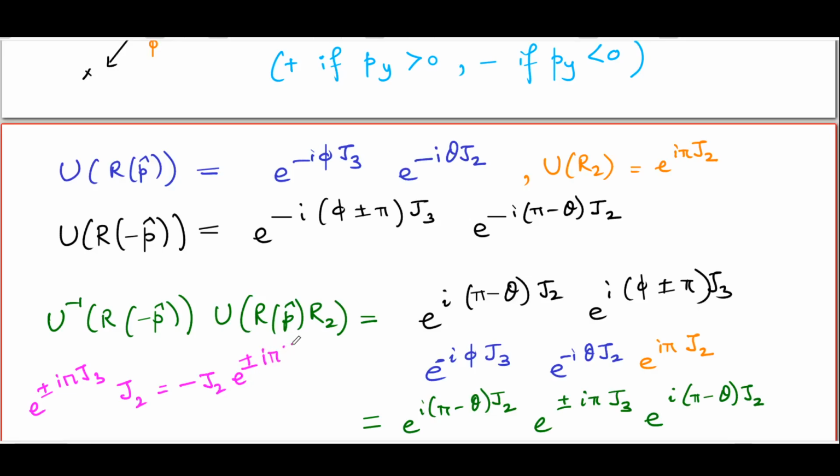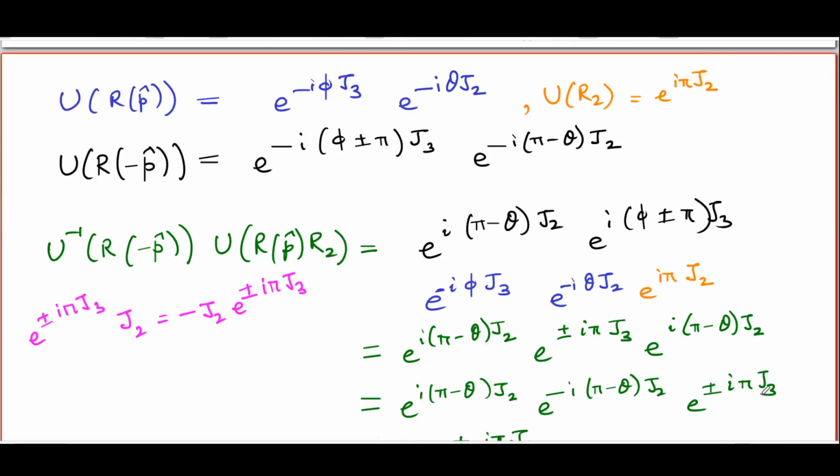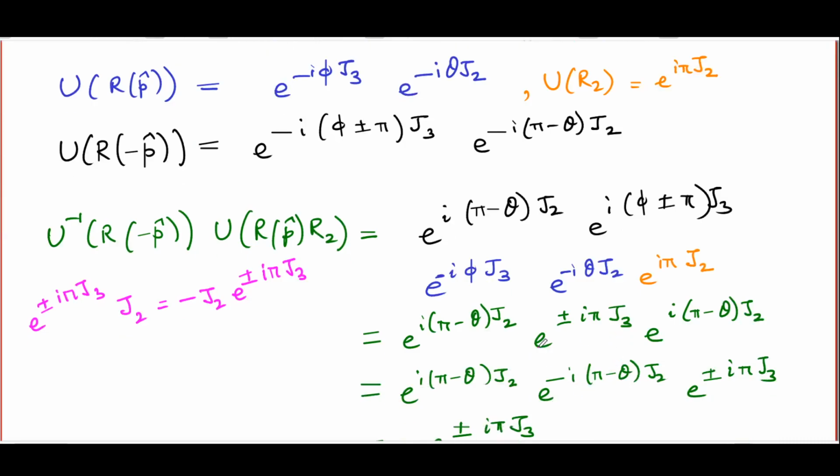An immediate consequence of this is that if you were to take e^(±iπJ3) right across this operator, it's going to change the sign of J2, and you're going to be left with this combination. e^(i(π-θ)J2) here stays the same. This e^(i(π-θ)J2) becomes e^(-i(π-θ)J2), and of course the e^(±iπJ3) has moved to the other side.